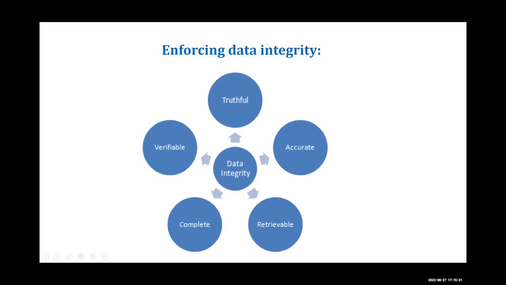When I say data integrity, it is nothing but the truthfulness of the data. Data should be accurate, it should be retrievable, complete and verifiable. When that happens, I can say that the data I have collected has integrity. And enforcing that is one of the main features of the DBMS. DBMS has the feature which enforces data integrity.